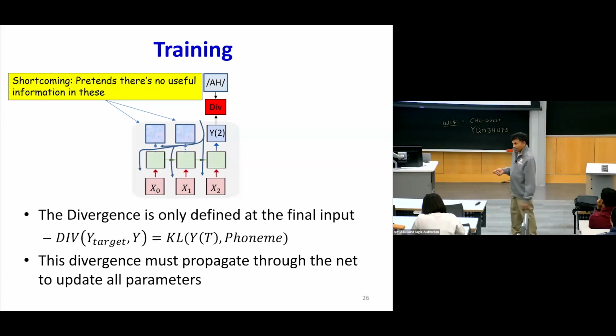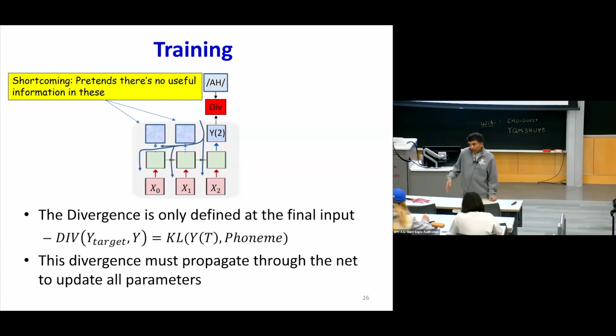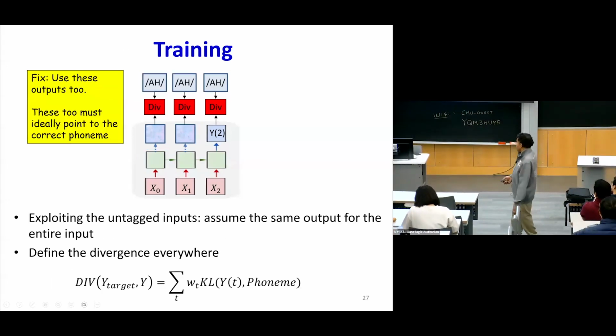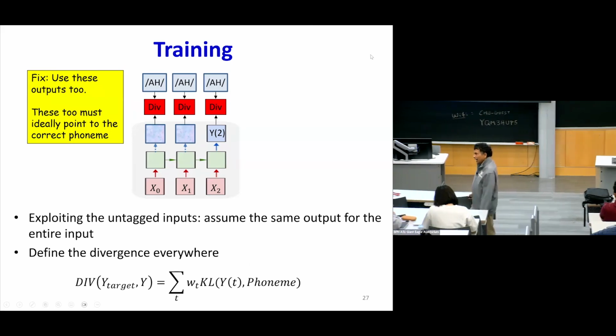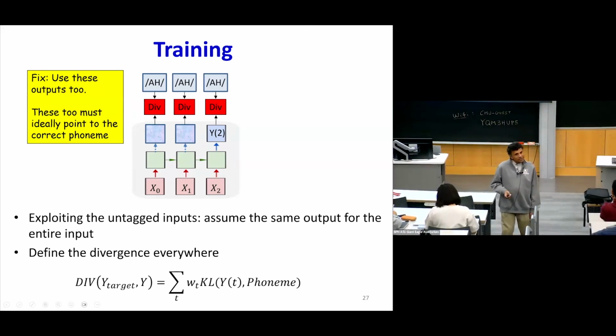What would you say? So let's say I have 5 frames of the phoneme R. Is it only R at the 5th frame, or is it R elsewhere too? There may be silence at the end. So the thing is, there's R elsewhere too, right? So it would make sense for me to say that I can smear that label over time and use the same label at each time, right?